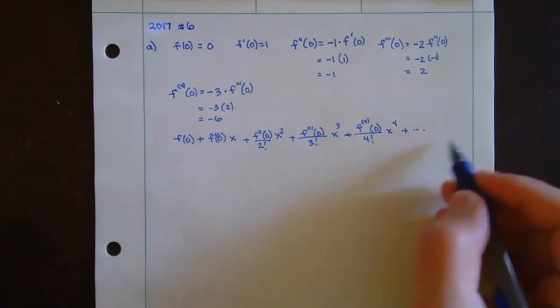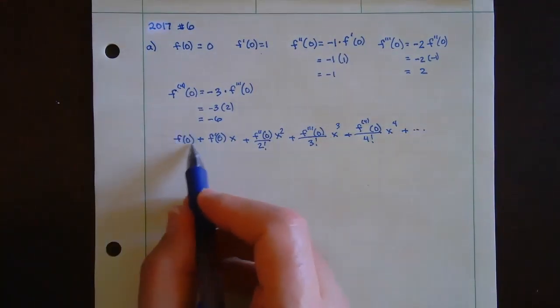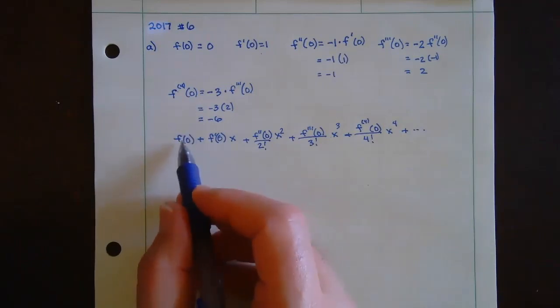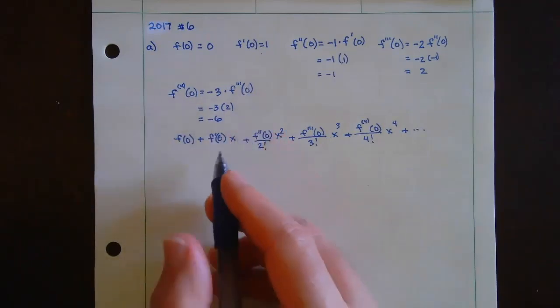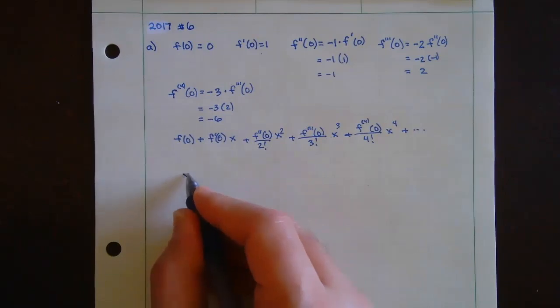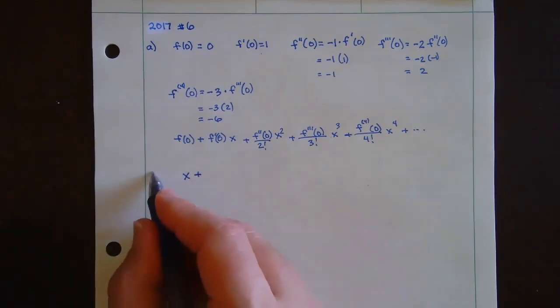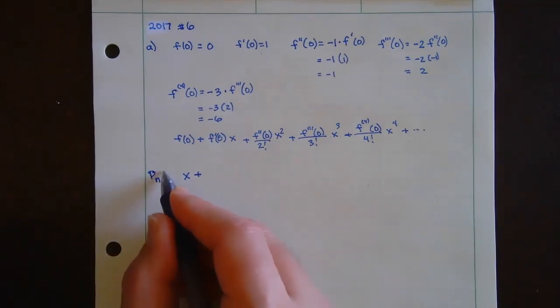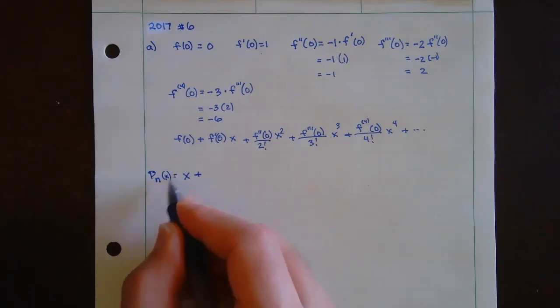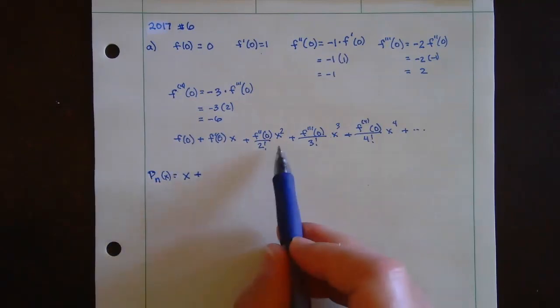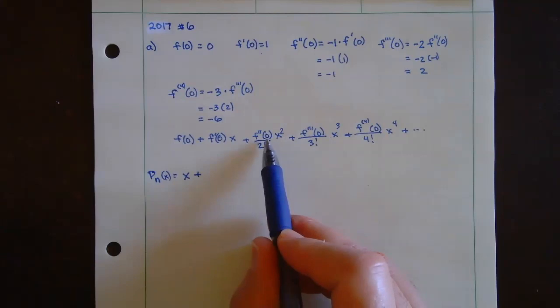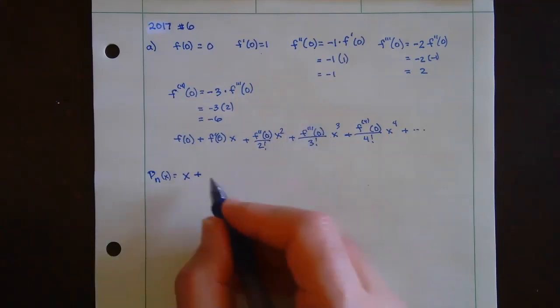Okay, now we're going to get a general term in here, okay? So now we know that this is 0, so we really don't need to write that one. So f prime of 0 is 1x, so this is going to be x, and then plus, and then, you know, we should write this Taylor polynomial is this, okay? And then so then this would be f double prime is negative 1.